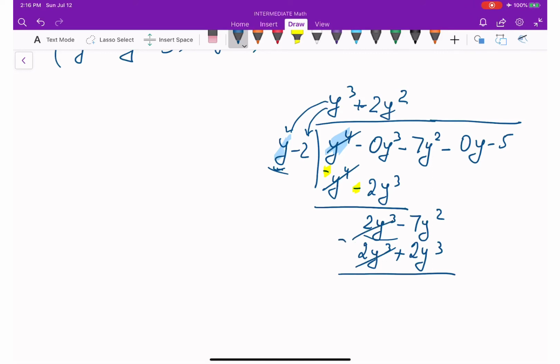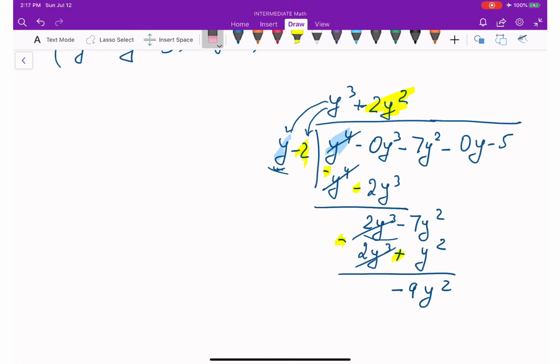So negative 7y squared. This negative and positive is going to be negative. So we have negative 7y squared and negative 2y squared will be negative 9. Oh, wait a minute. I'm sorry, here is 2y squared times negative 2, it's going to be, oh, after all, 4.